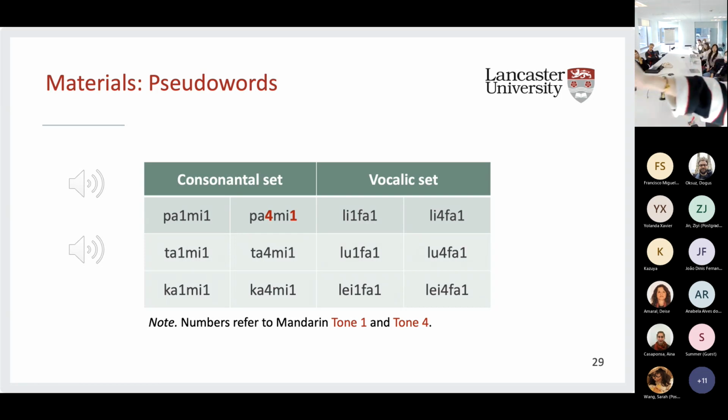For this word, we say ba mi, and for this word, we say ba mi. The tonal difference falls on the first syllable of the words. One is a flat tone and one is a falling tone. So we want to see how participants perform with these words.